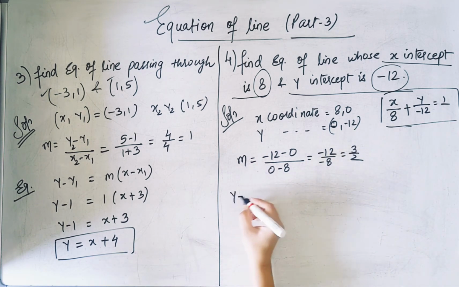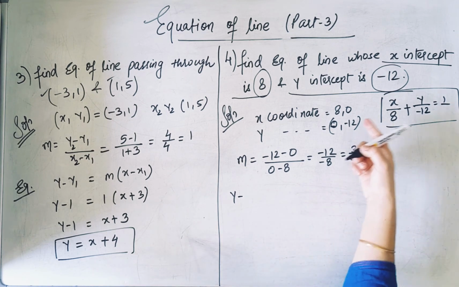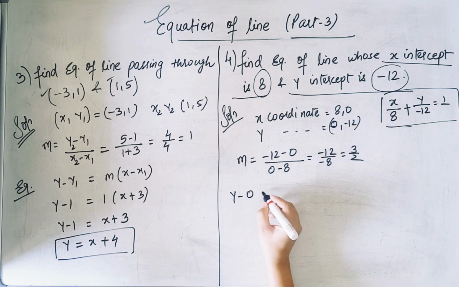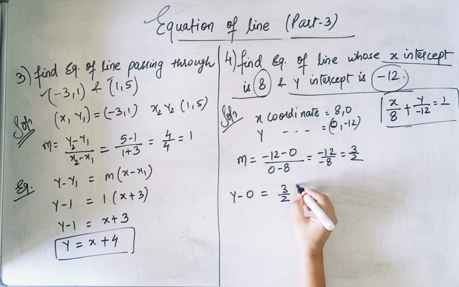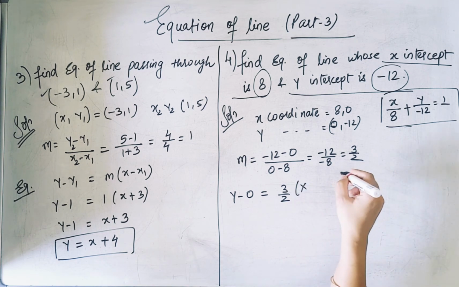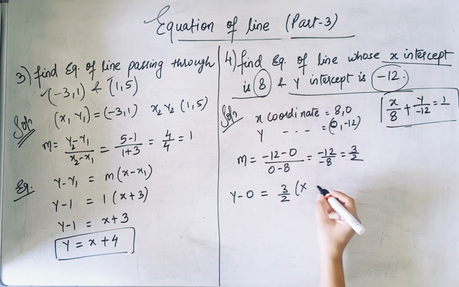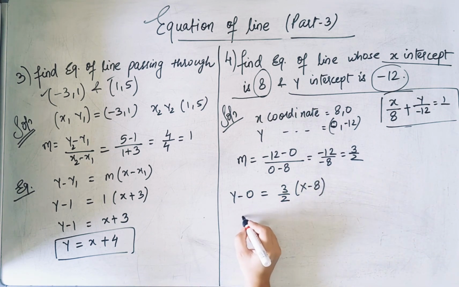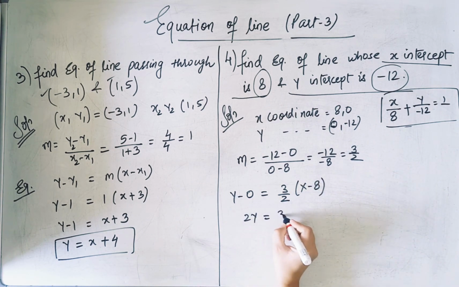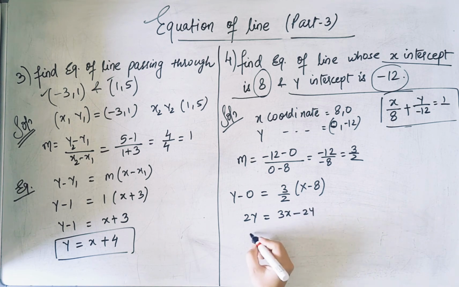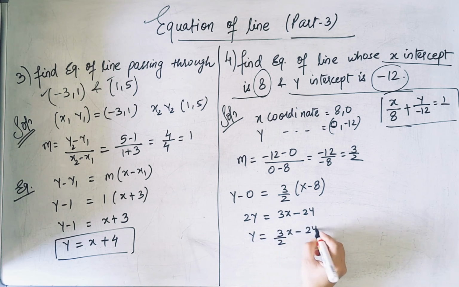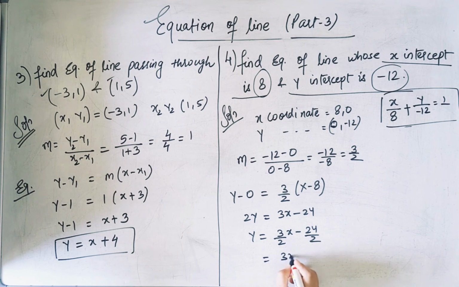Now y minus y1, y1 is 0, equals 3 by 2 into x minus x1, x1 is 8, x minus 8. So this will shift over to that side: 2y equals 3x minus 24. Thus y is equal to 3 by 2 x minus 24 by 2. So this will be 3x by 2 minus 12. So this is the required equation of the line.